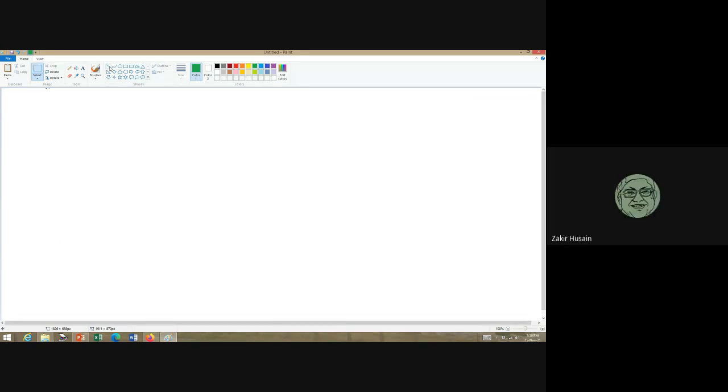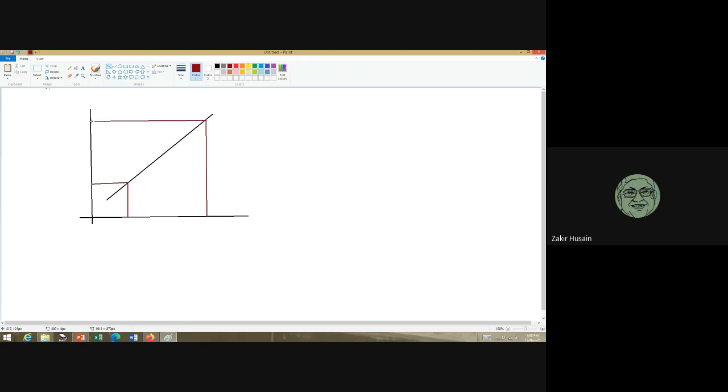Okay. Now what we have done is we have taken curves. But suppose we take a line like this. So we take 2 points over here. This is the line for x bar.